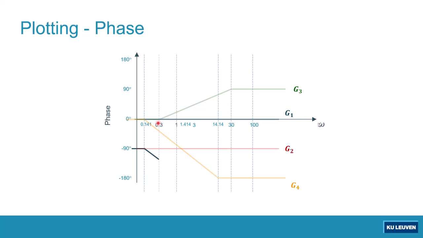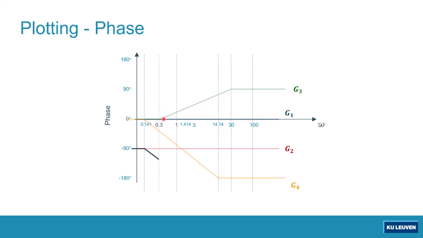What will happen from 0.3, 1 decade below the second corner frequency, until 1 decade above the first corner frequency? If we look at this, I will have 0 slope from G1. I will have also 0 slope from G2.